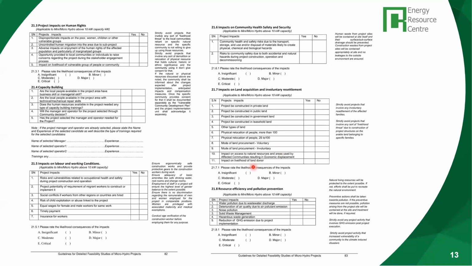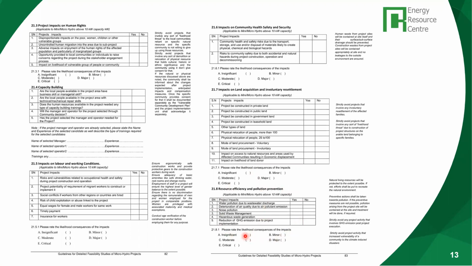What is the land acquisition and involuntary resettlement? Do we have to take land from private property, do you have to displace any household, any family? That has to be also decided. Also, will it have any impact on the pollution, on the use of resources? These also have to be listed.